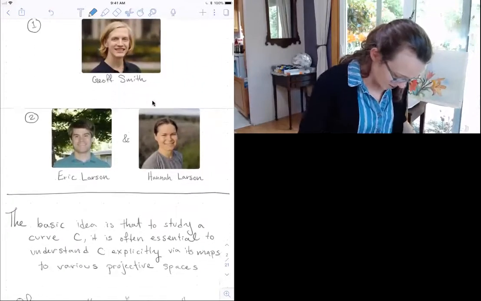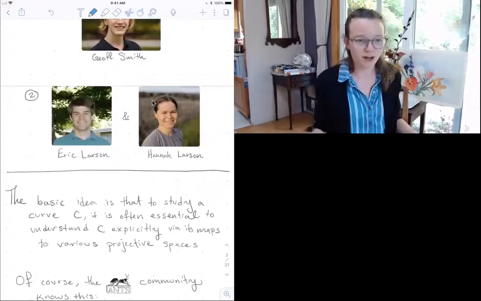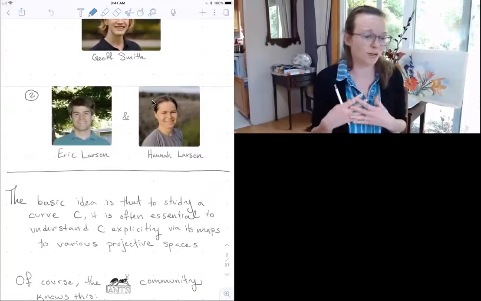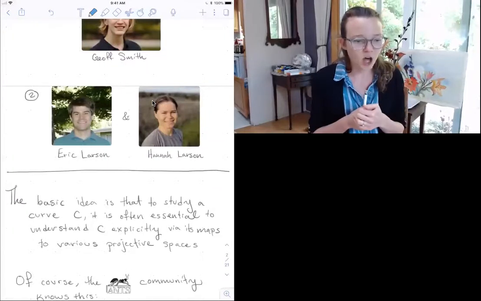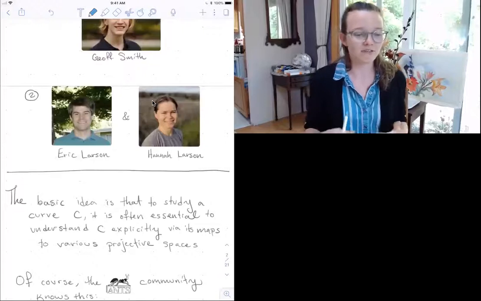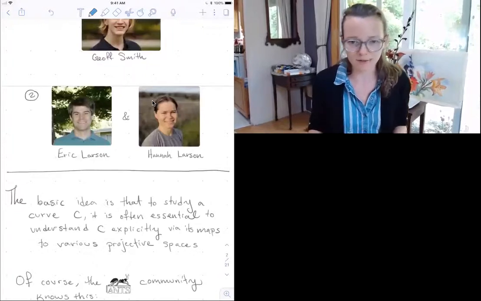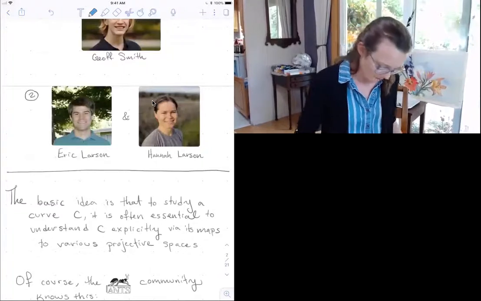All right, so the basic idea is that to study a curve, which one often wants to do, for instance, you might want to know what its rational points are or something else about its arithmetic, it's often essential to understand this curve explicitly via its maps to various projective spaces. So I'm not saying anything that you don't know.